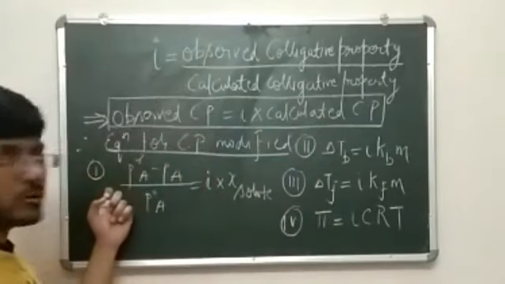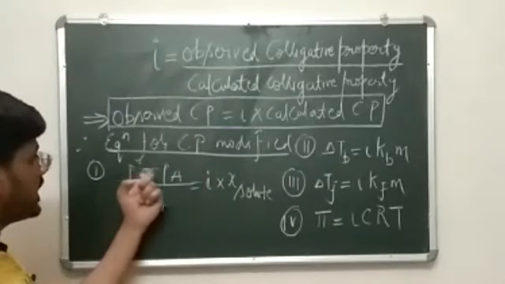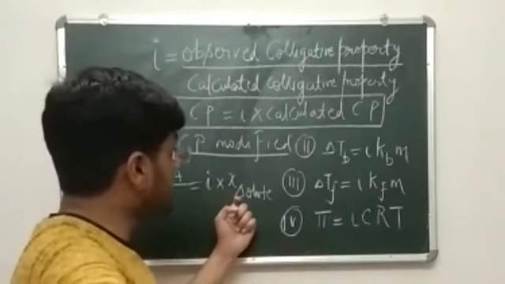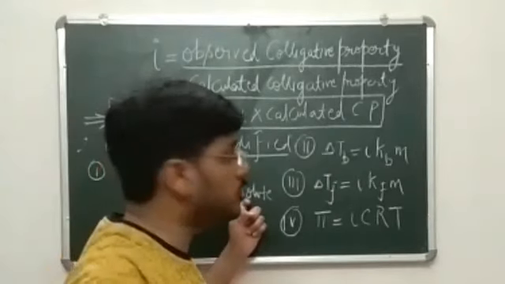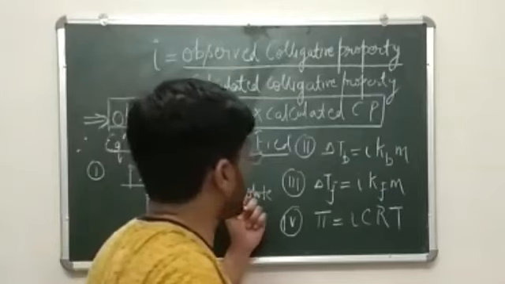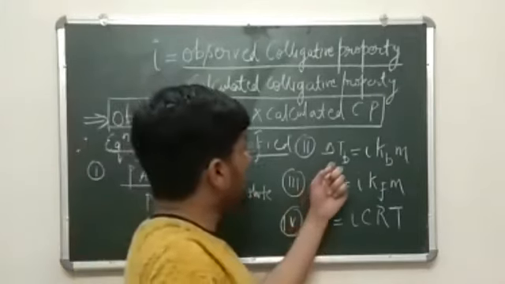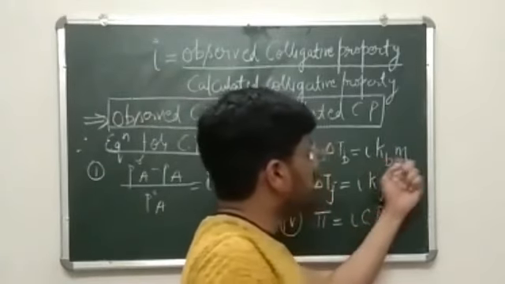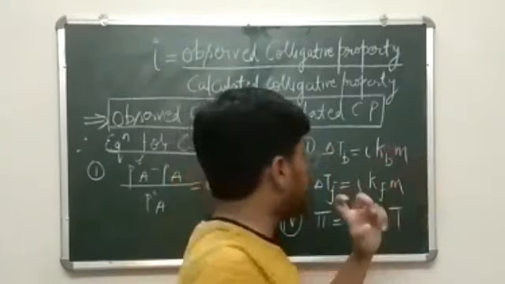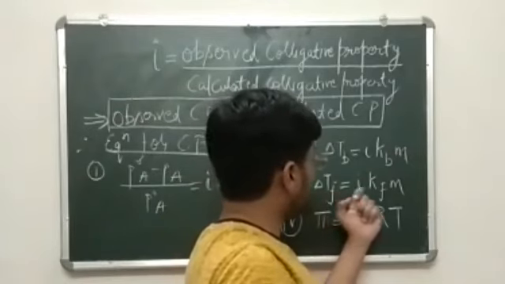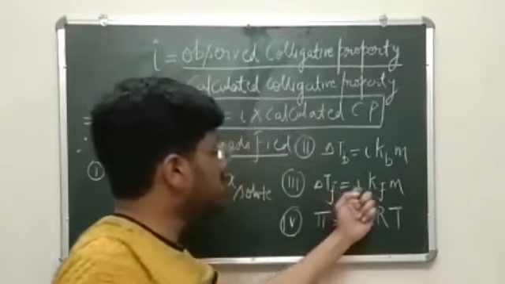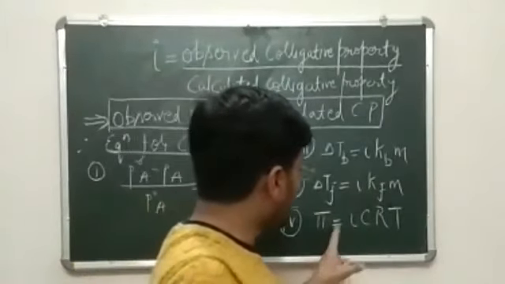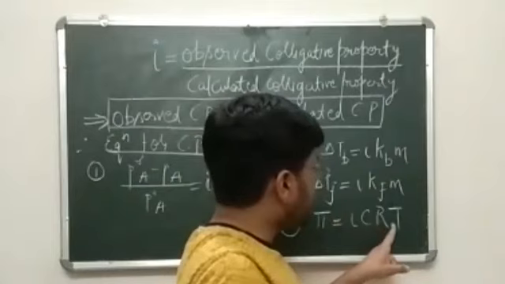Like relative lowering in vapor pressure, P naught A minus PA divided by P naught A, which we first studied as equivalent to the mole fraction of solute, now becomes iota times the mole fraction of solute. Similarly, elevation in boiling point, first equivalent to kbm, now becomes iota times kbm. For depression in freezing point, the expression becomes delta Tf equals iota times kfm. For osmotic pressure, it becomes pi equals iota times CRT.